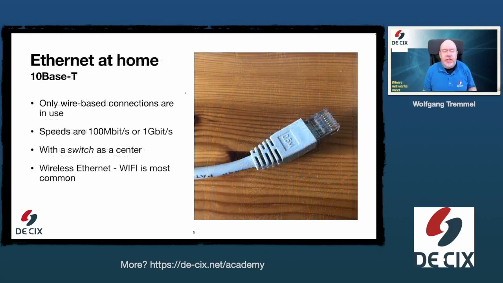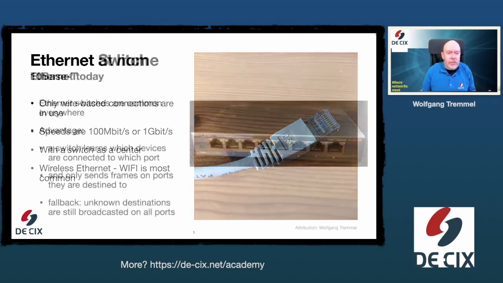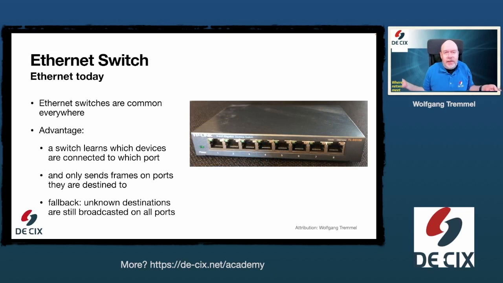But Ethernet also exists in your home and connects a small router in your basement over copper wires with the computers you have at home. And also these small switches might exist in your home with copper connections connecting different systems over Ethernet.